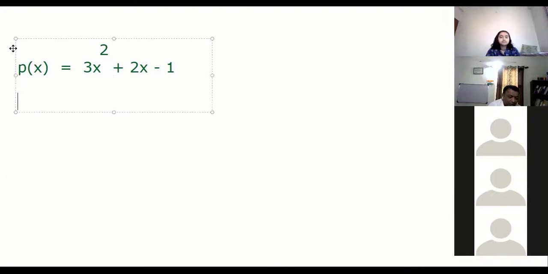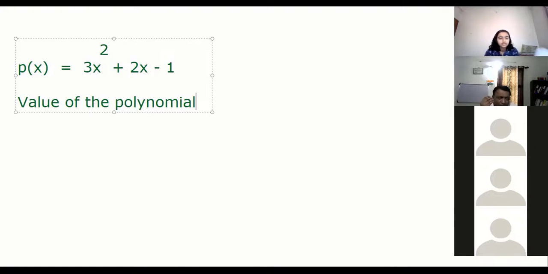Now, value of the polynomial. So in general, I'll call everybody polynomial only, whether it's binomial or trinomial. Value of the polynomial, very easy. If I say P of 0, it means you are putting x equal to 0. That's it.